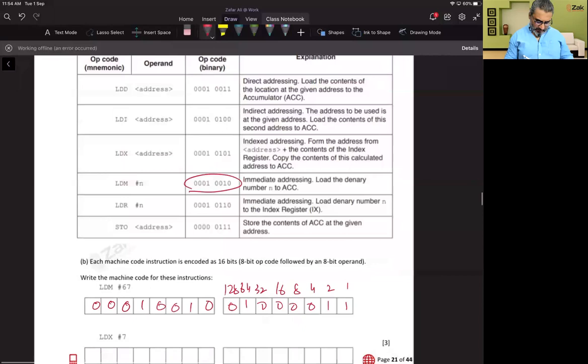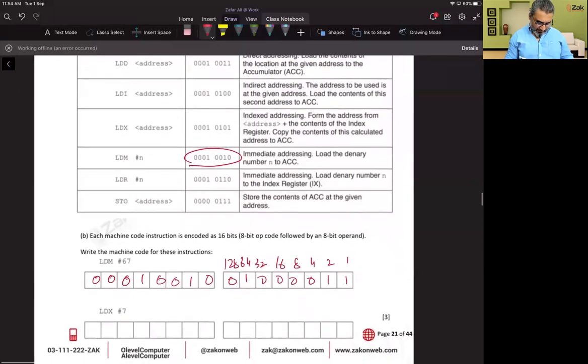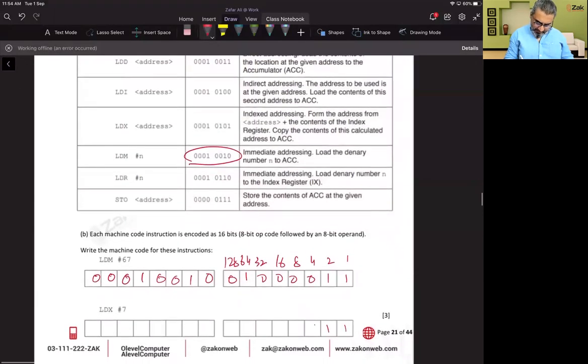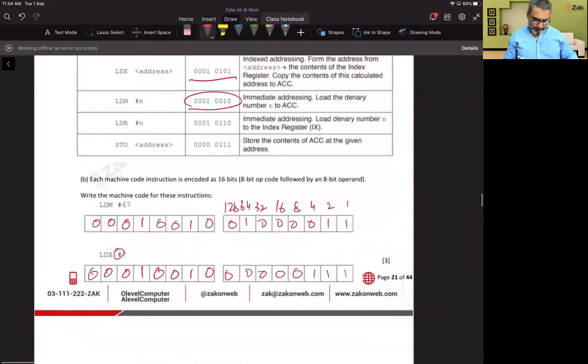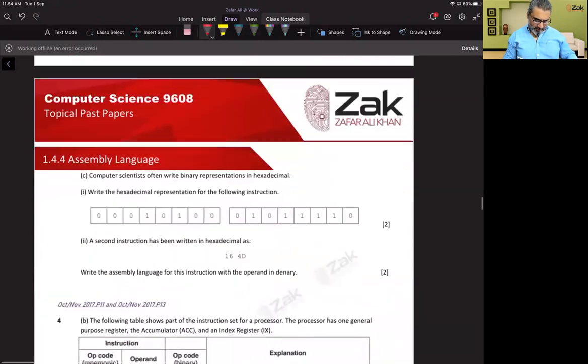So this is your machine code. LDX 7. 7 is this. How do we know that we have got 7? Because this is immediate addressing. LDX is this, 0001 0010. So this is easy. Now we know about it.